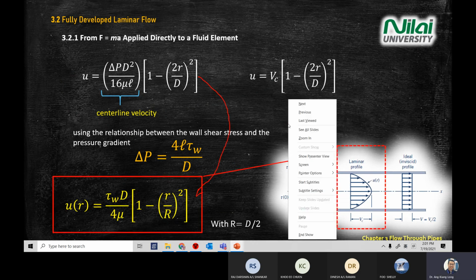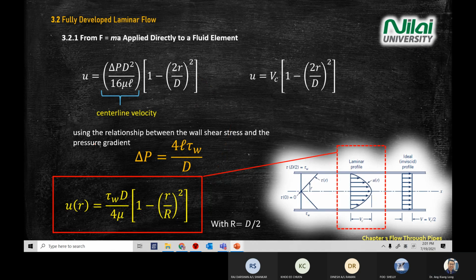Then after that, this equation is what you saw in chapter 2, where you have a parabolic shape, with mu D divided by 2 dynamic viscosity, and 1 minus R divided by capital R squared, represented by the parabolic profile.